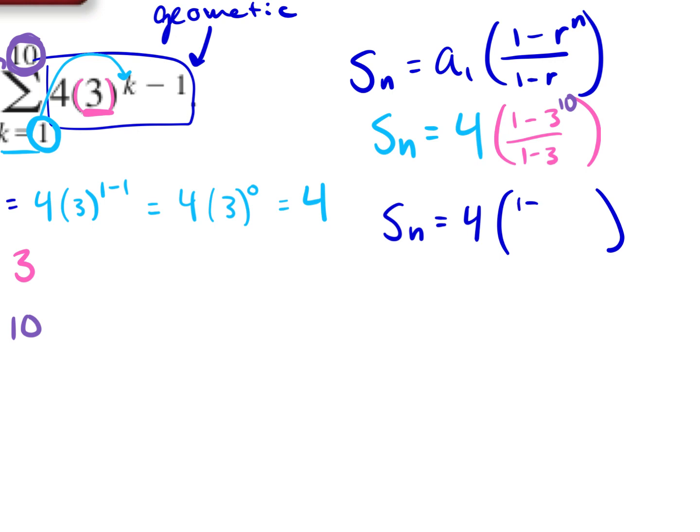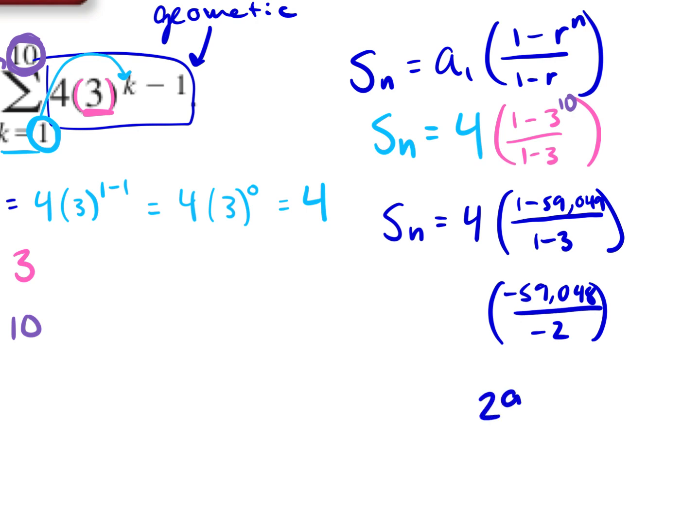I'll write it down. 1 minus 59,049 over 1 minus 3. So 1 minus 59,049 would be negative 59,048 over, and what's 1 minus 3? Negative 2. So I'm going to divide this by negative 2.